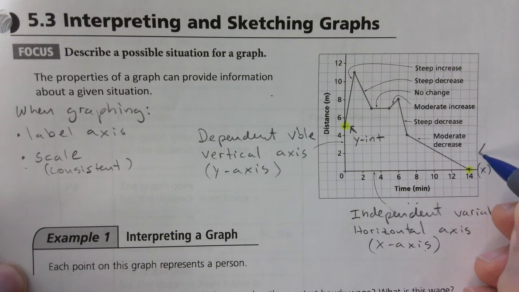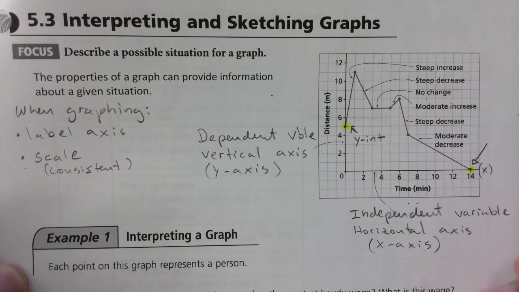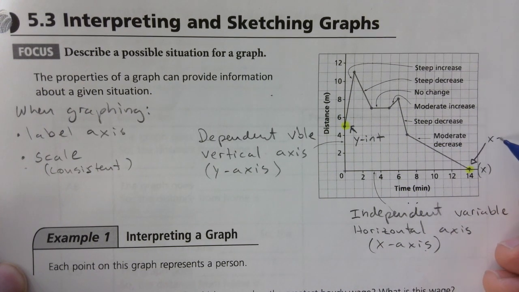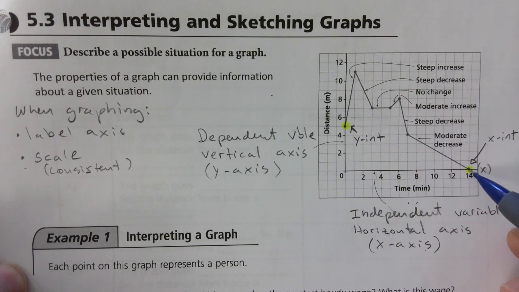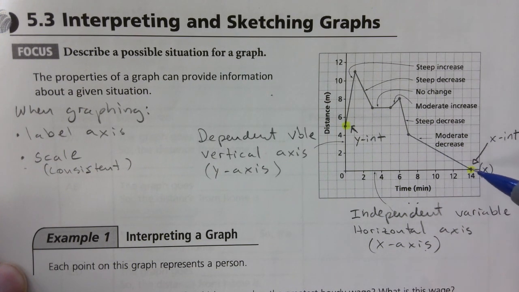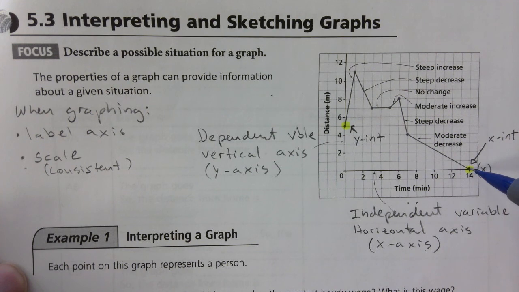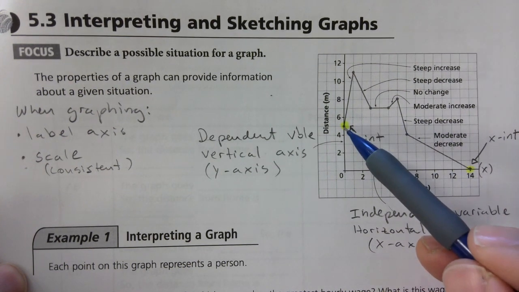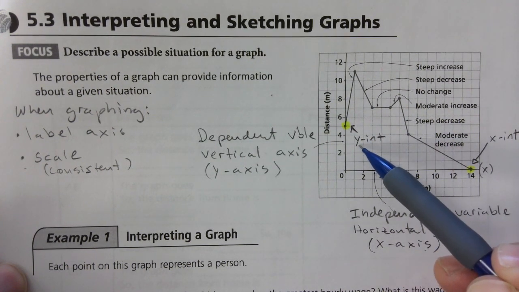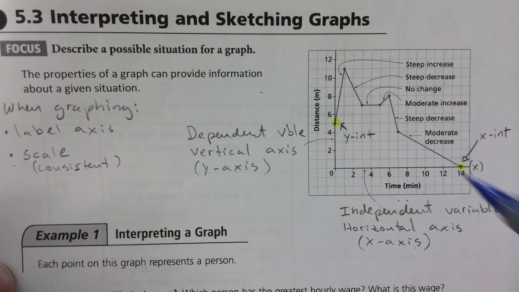And this one over here is called, it becomes a bigger deal later on, but I already want you to start hearing the terms. This is called the x-intercept. So it's basically where the line intercepts the x-axis, and here is where the line intercepts the y-axis. We call them the y-intercept and the x-intercept.